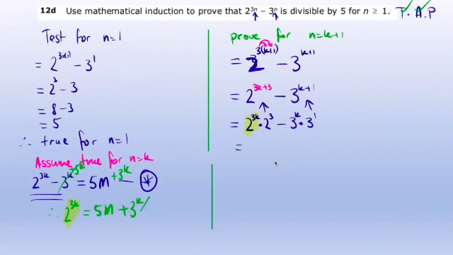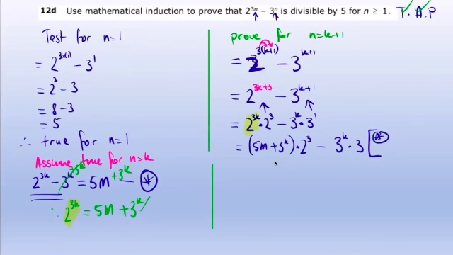So I'm going to go equals 5m plus 3 to the k, times 2 to the 3, minus 3 to the k times 3, okay? And then I'm going to put my little note, by induction. And now I'm just going to keep playing.